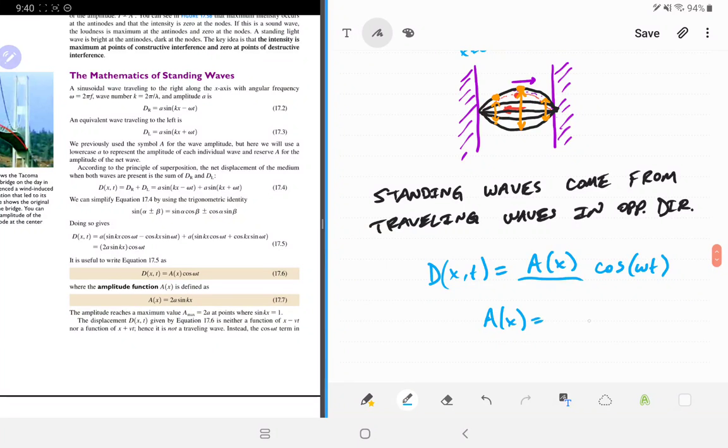And A of x is equal to whatever the maximum amplitude is. So this big A would be like this right here. Big A times sine of kx. And k is only allowed certain values.